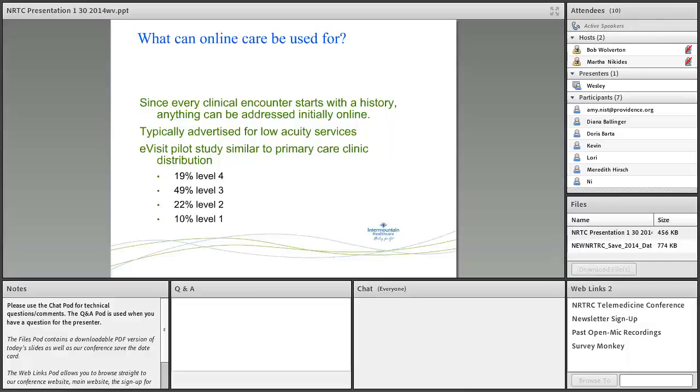But we also tracked in our system if that patient encountered anyone in our system for any other reason for 60 and 90 days.